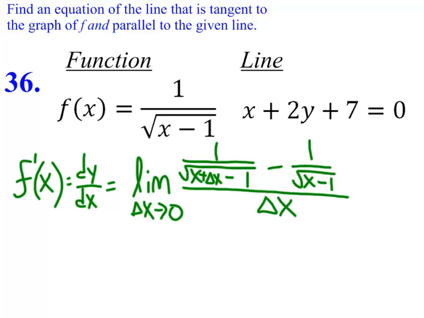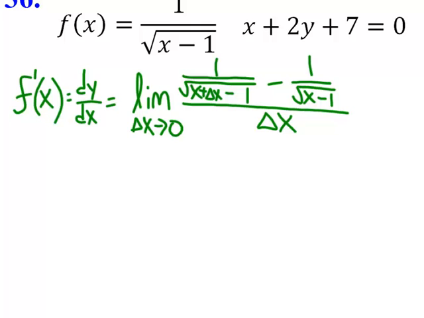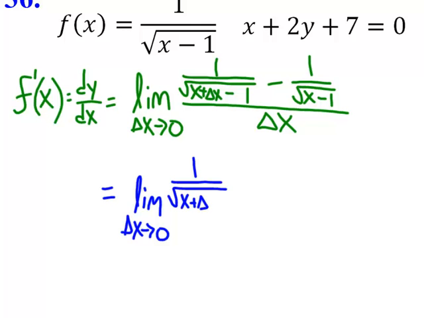Yes, this one's a little bit ugly, but once again, we see we have a fraction within a fraction, and we're going to need to do the common denominator thing. So I'm going to go ahead and jump onto the next line here. Equals limit as delta x approaches 0. And on the top, I've got 1 over root x plus delta x minus 1.